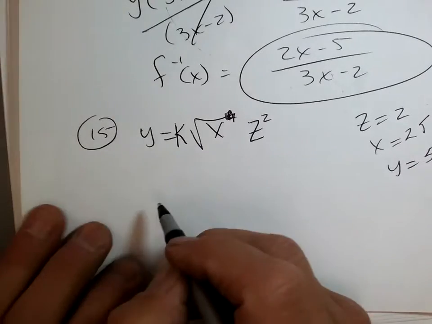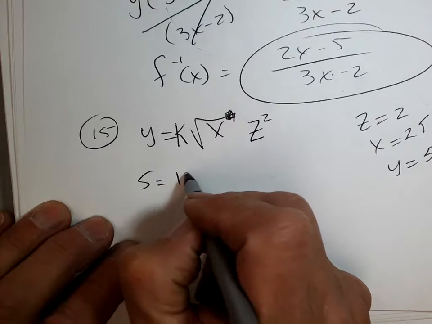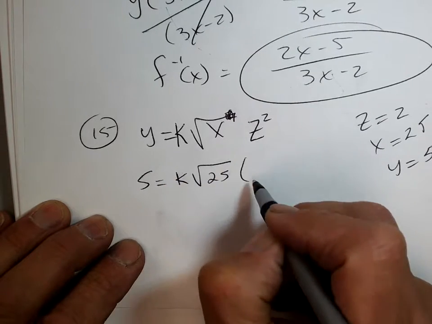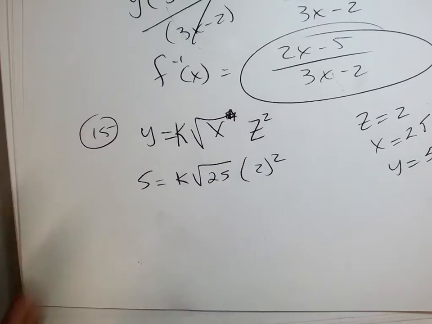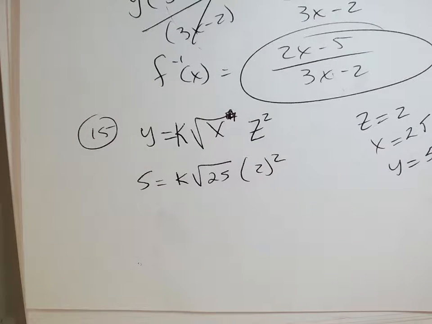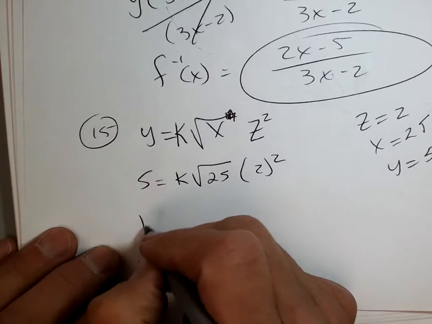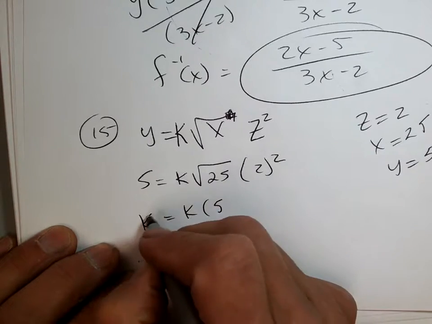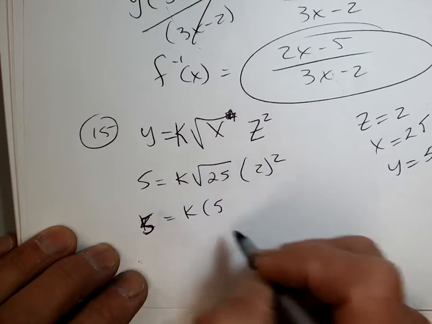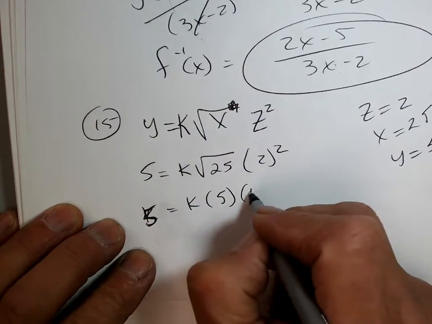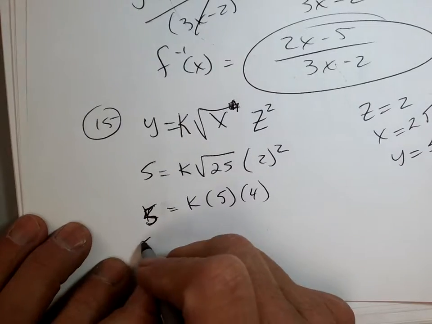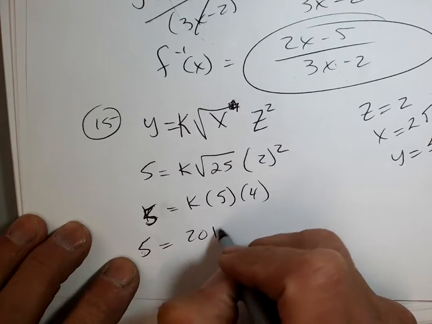We're going to go 5 equals k times the square root of 25 times 2 squared. 5 equals k times 5 times 4. 5 equals 20k.